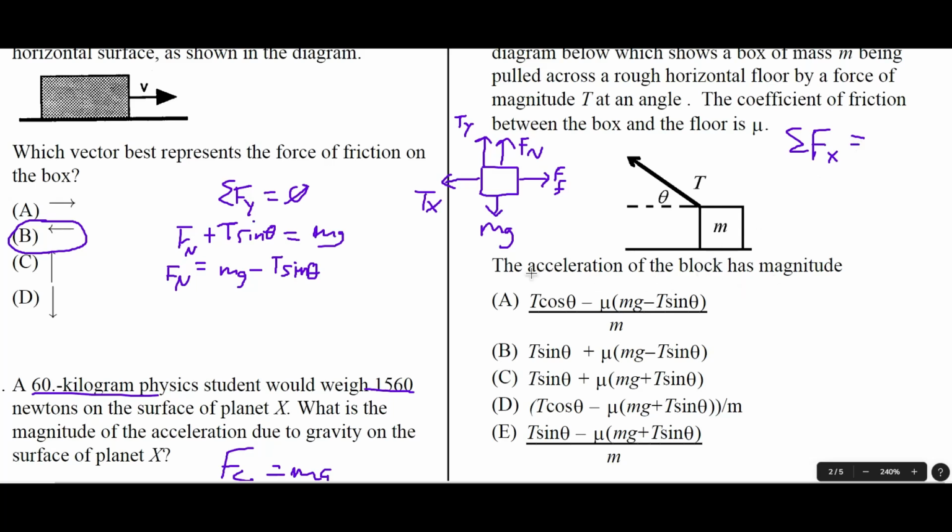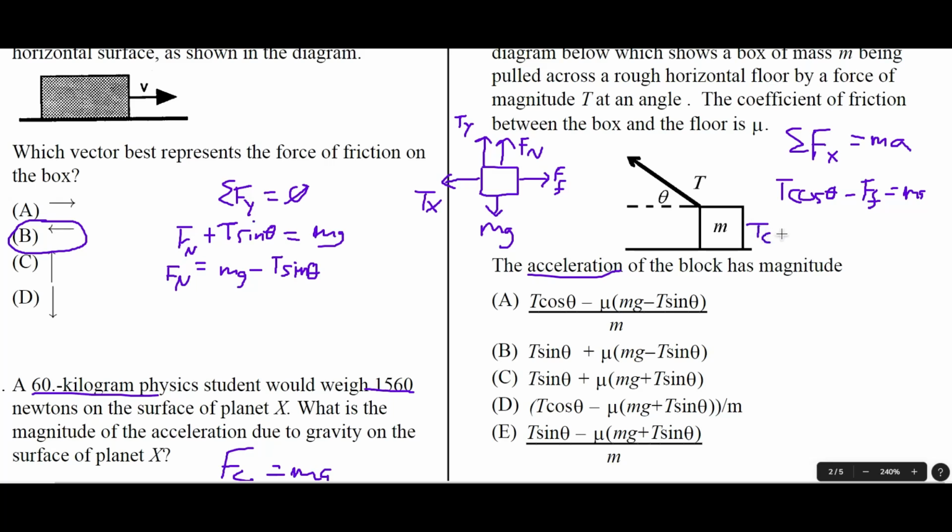Because I do know it's accelerating, I'm not going to set it equal to 0. I'm setting it equal to ma. I'm looking for a. Then I have Tx, which is T cosine theta, subtracting the frictional force, equal to ma.